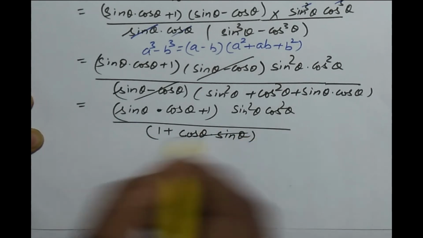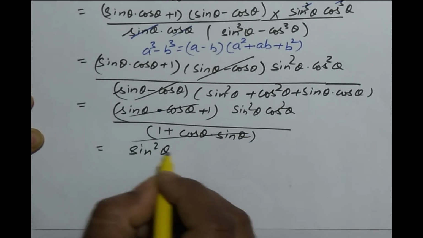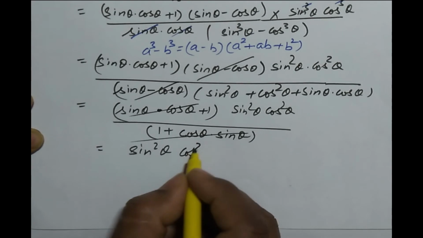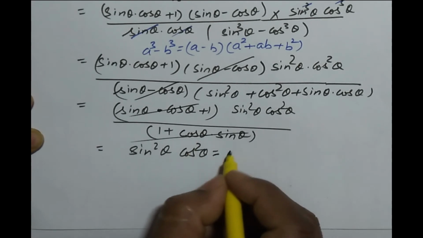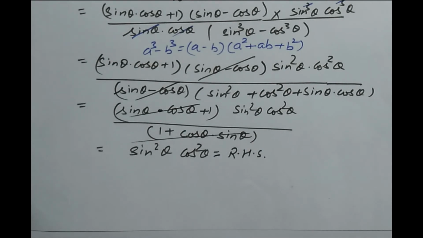These two brackets are also the same, you can cancel this, so your answer has come now: sine square theta into cos square theta, which is equal to RHS. You have seen how I have followed the golden rules, and every question based on identities can be solved with the help of these two golden rules.